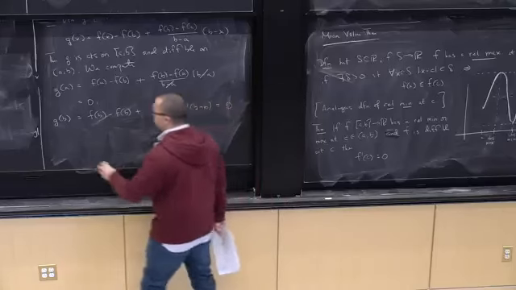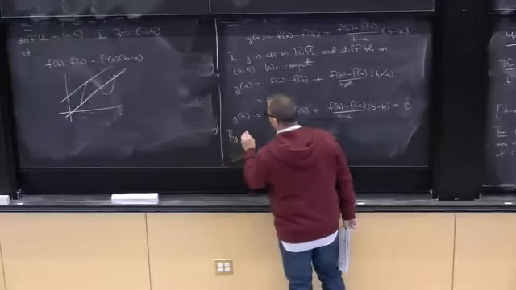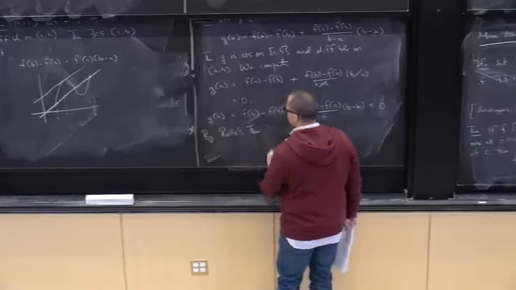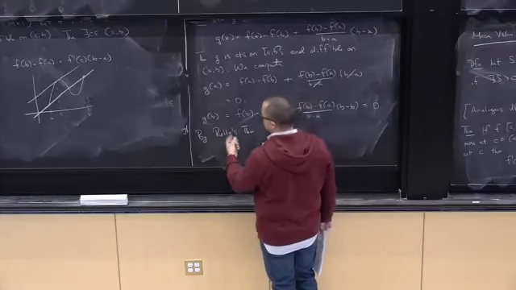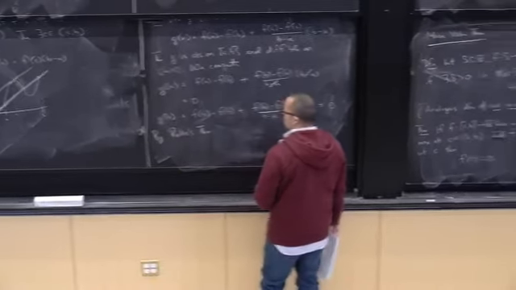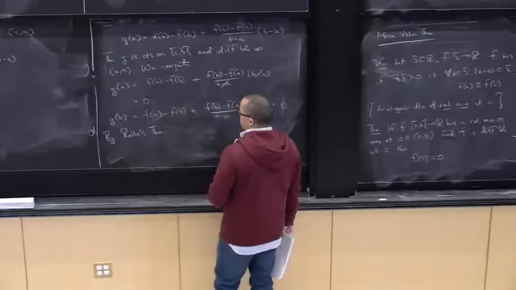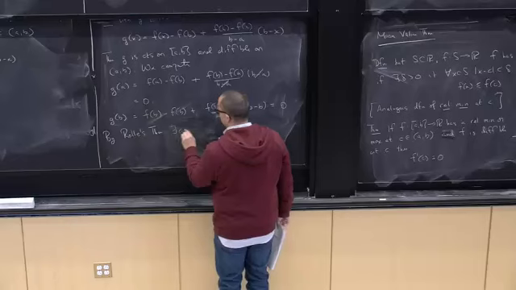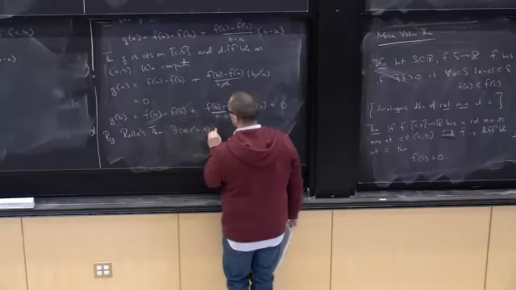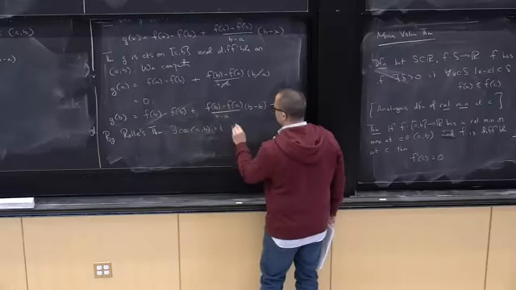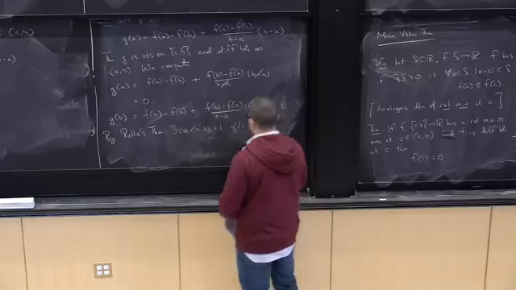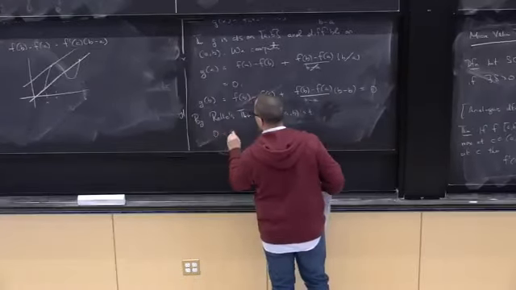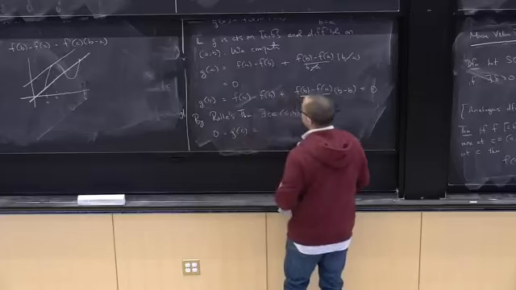And therefore, by Rolle's theorem, there exists a point c in (a,b) such that 0 is equal to g prime of c.